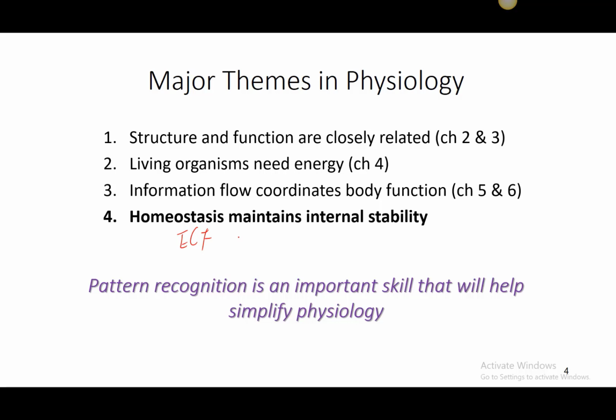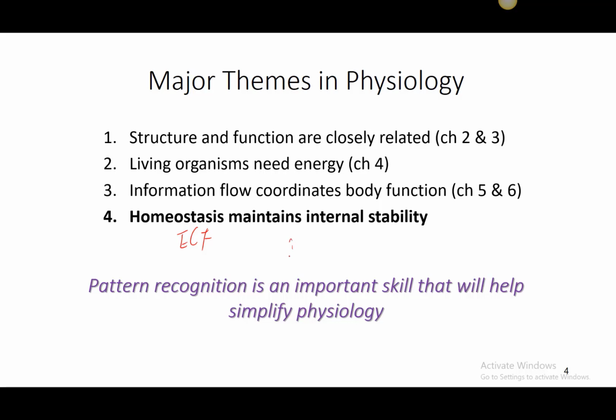The composition of the ECF dynamically changes with time due to outside conditions, like temperature, diet, water, and so forth. However, certain factors must be kept within a narrow range for optimal function of the cells.